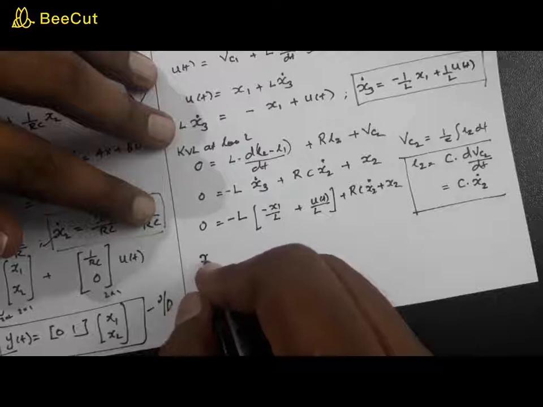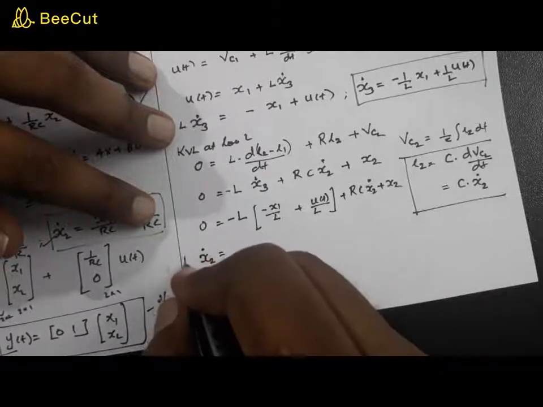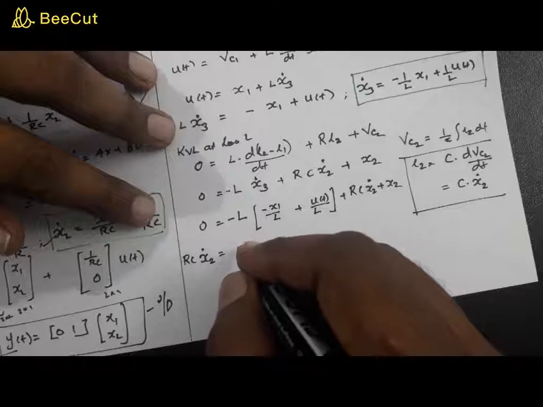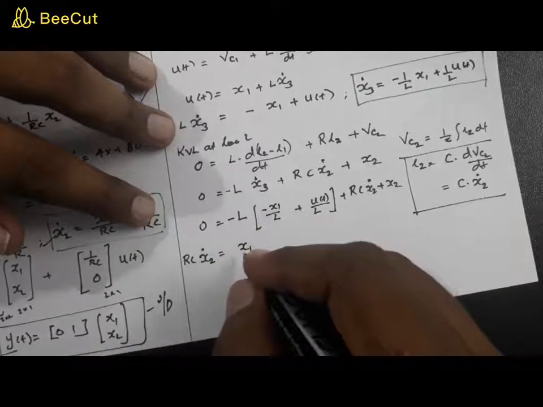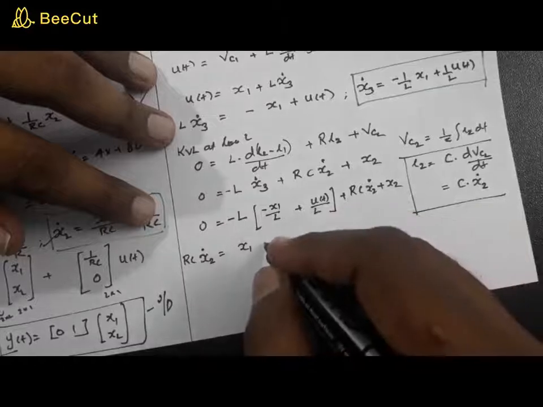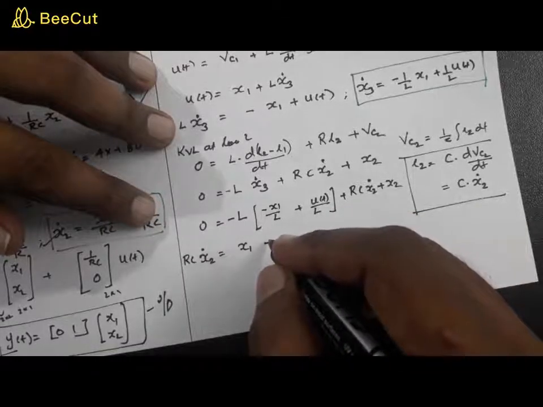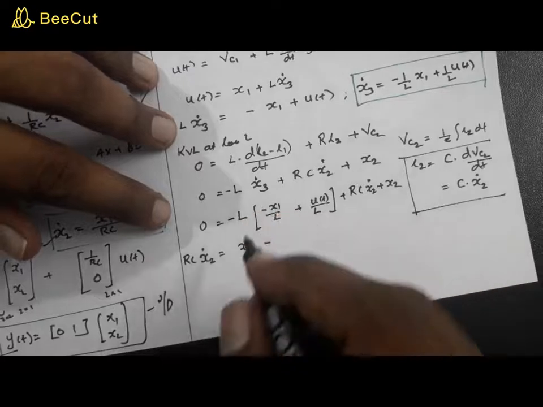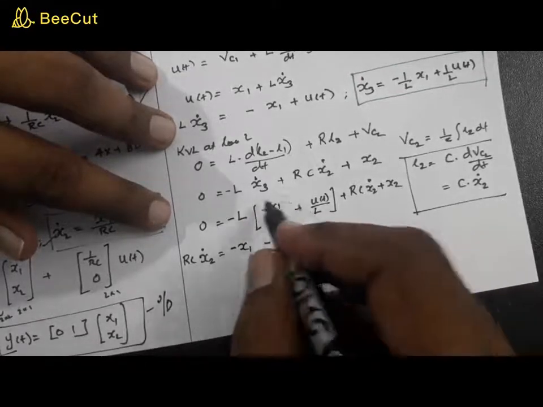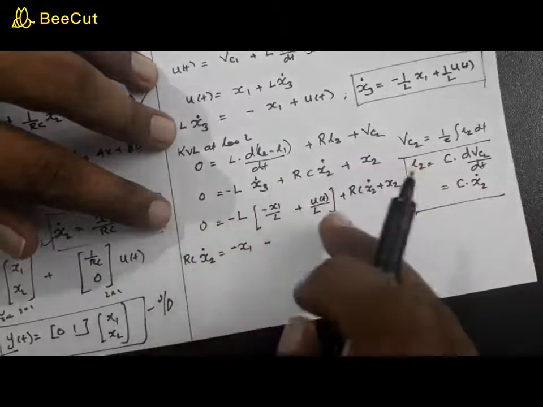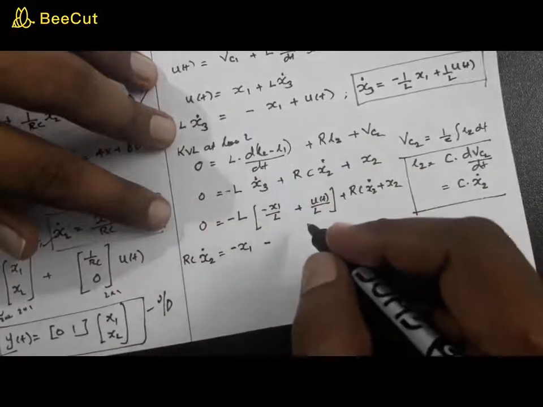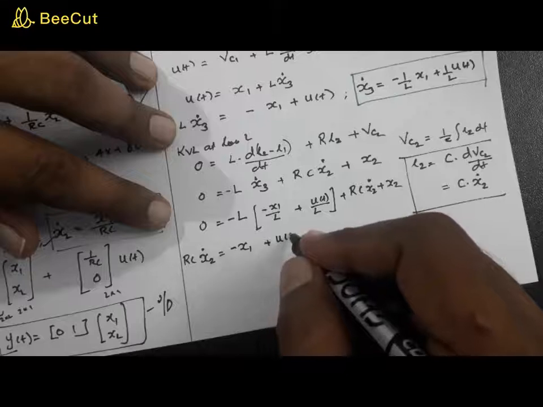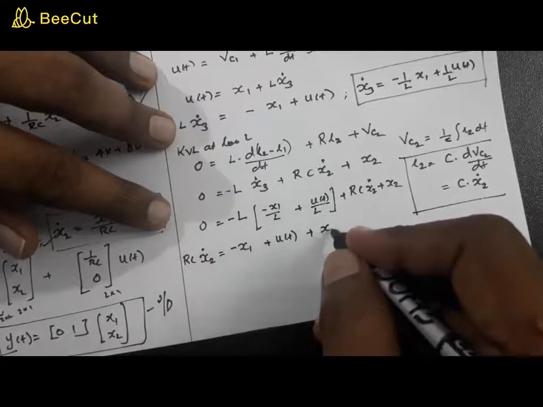RC X2 dot is equal to, bringing this to the other side, X1 minus u of t minus X2.